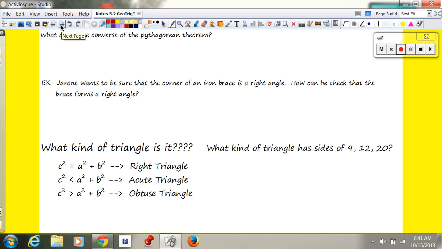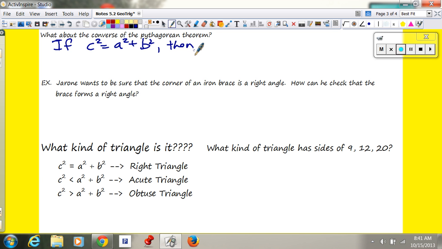Okay, what is the converse of the Pythagorean theorem? What's the converse? Remember the conditional statement we said, if it's a right triangle, then c squared equals a squared plus b squared, right? So what could I put? If c squared equals a squared plus b squared, then what has to happen?